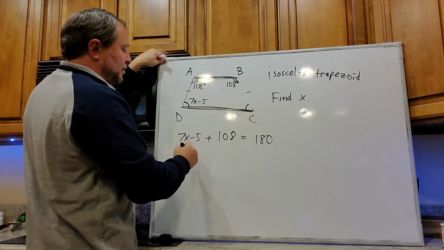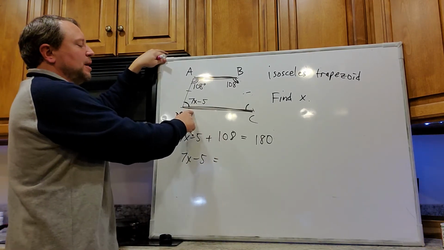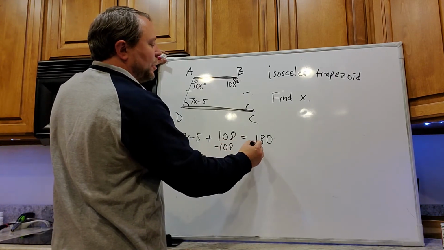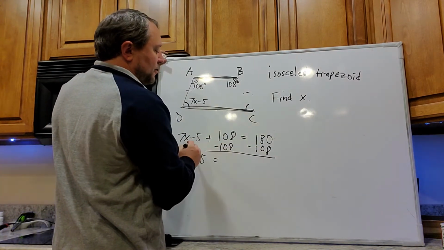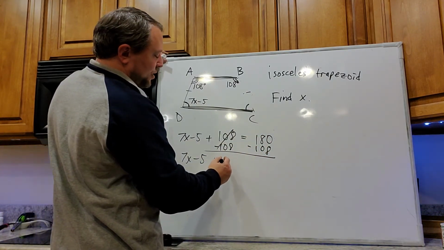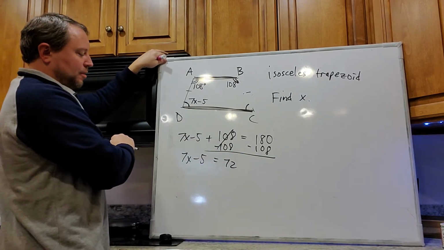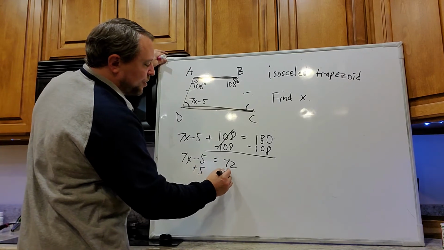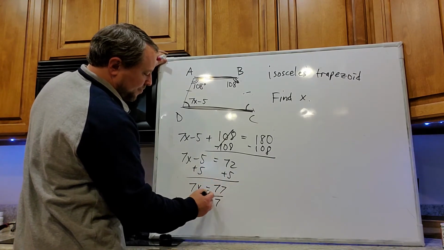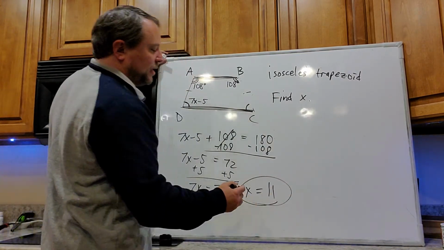Or as a shortcut, you could say the 7x minus 5 would be the rest of 180 after taking the 108 off. If I did that first, that leaves you with 72 degrees for this angle. Then you add your 5 to both sides, divide by the 7, and we find that x is 11 on this one.